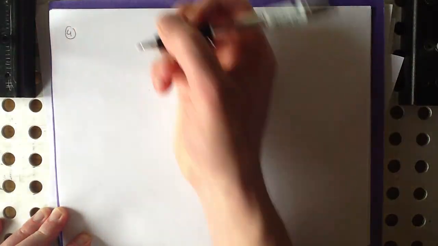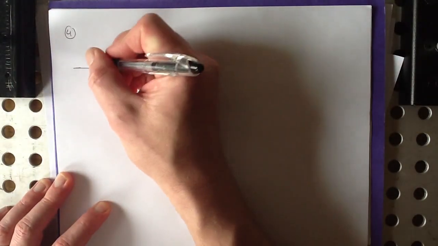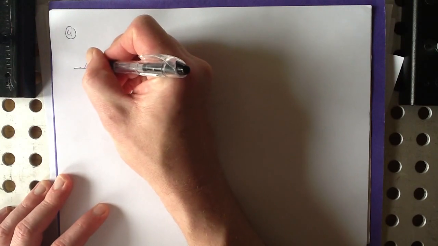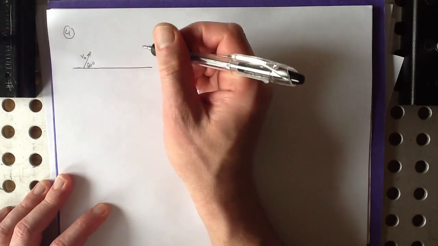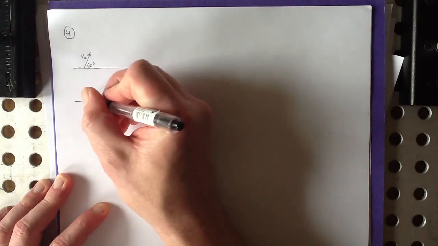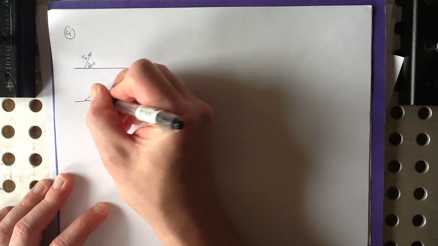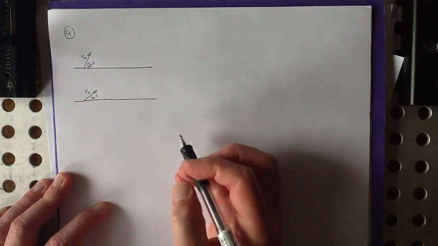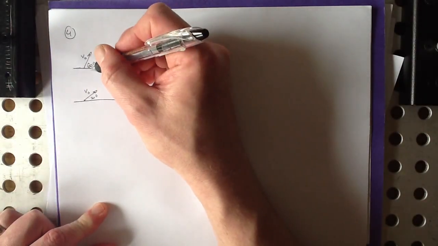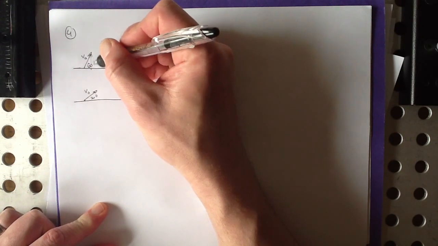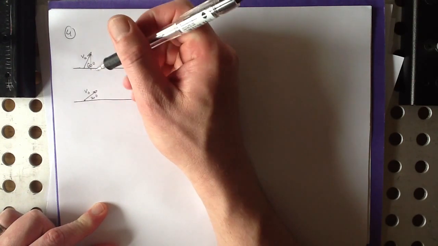So number 4, we've got a projectile launched at 60 degrees and another one that's launched at 30 degrees with the same velocity. Well, the only thing that the height depends on is the vertical component of the initial velocity, right?